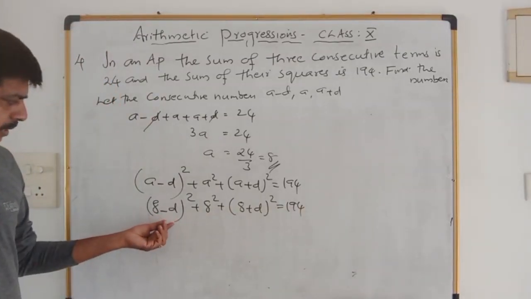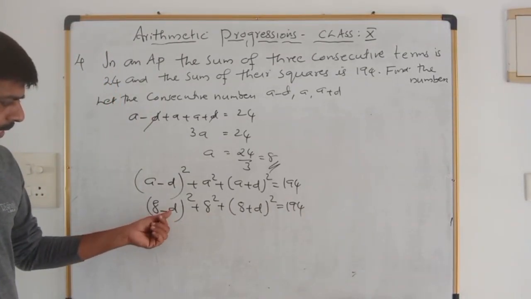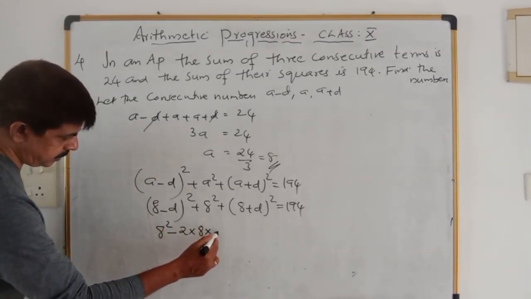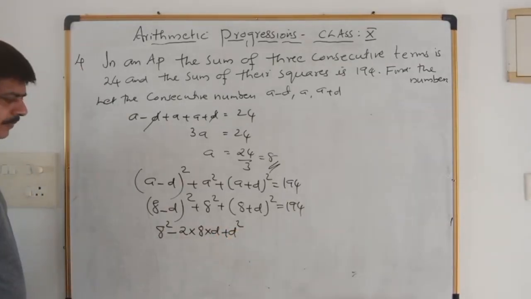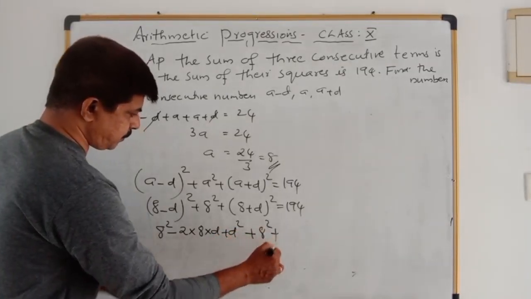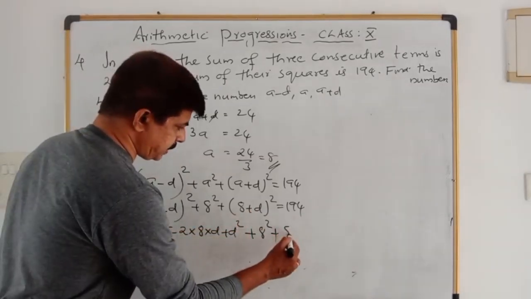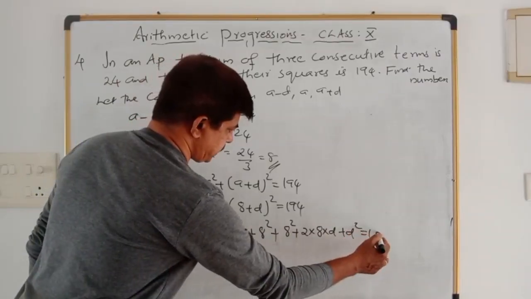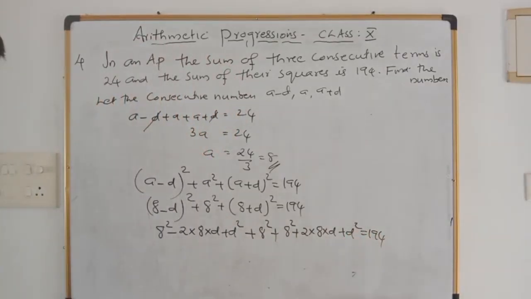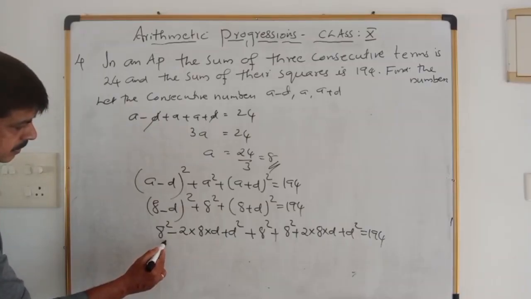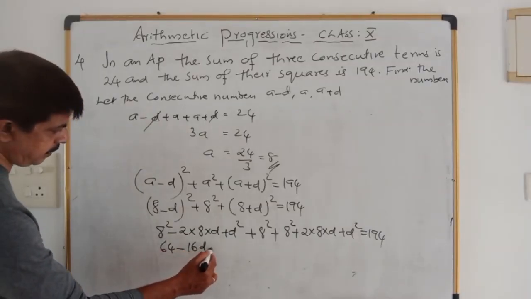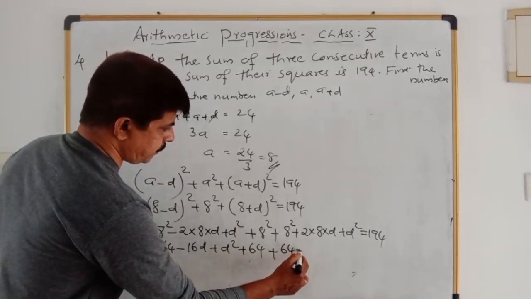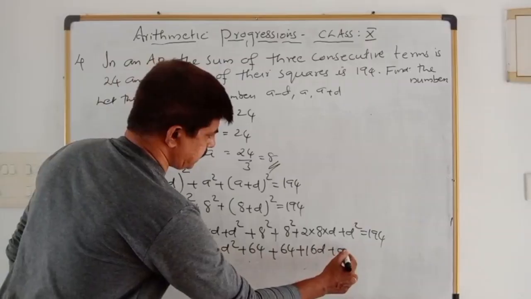This is a binomial expansion, similar to (A minus B) whole square, which is A square minus 2AB plus B square. The other bracket can be opened by the (A plus B) whole square formula. So we have 64 minus 16D plus D square, plus 64, plus 64 plus 16D plus D square.